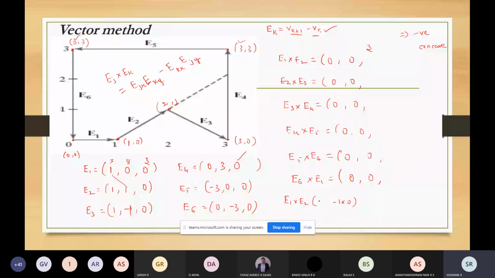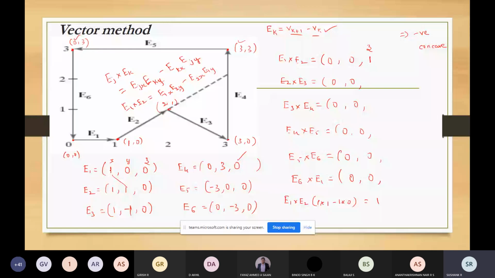So see, this is E1. If I write the same formula for E1 into E2, it will be E1x, E2y minus E2x, E1y. That is x into y minus x into y.